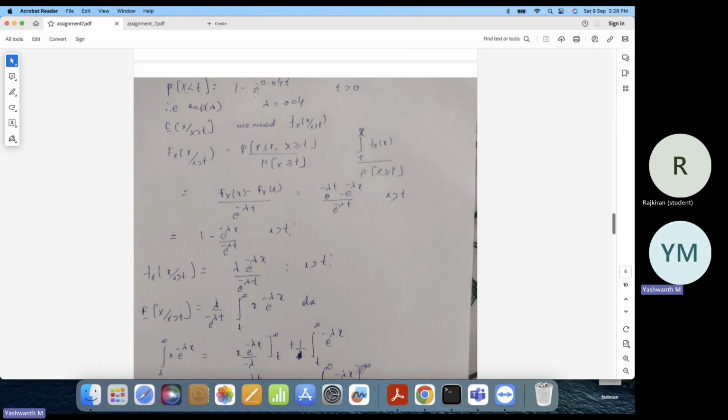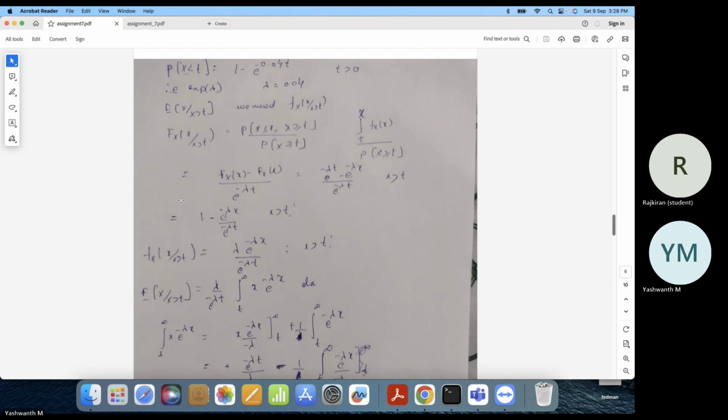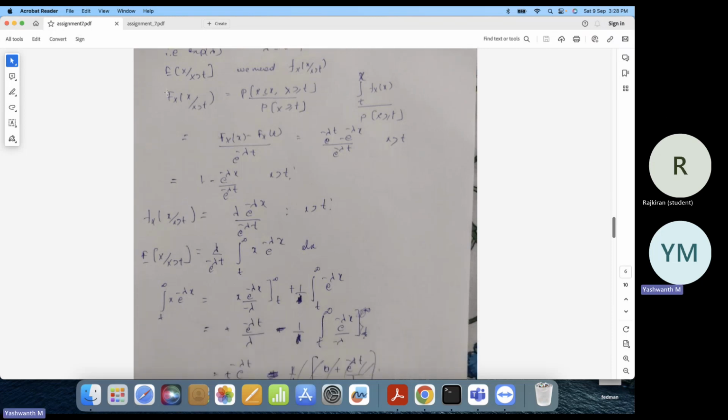By the way, lambda is 0.04; I just abstracted it out for simplicity. So this is the distribution function of x conditioned on x greater than t, and the density is nothing but this.